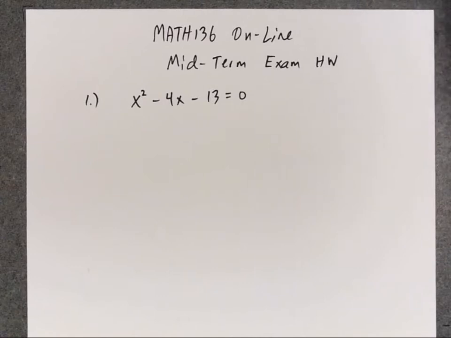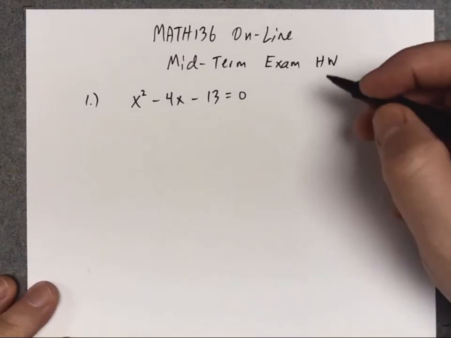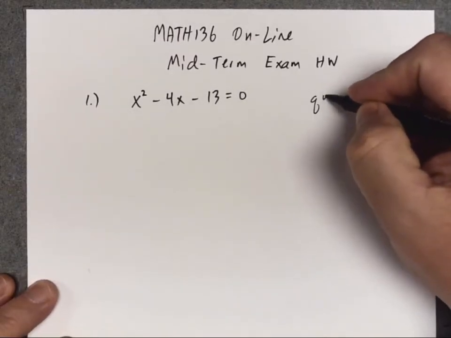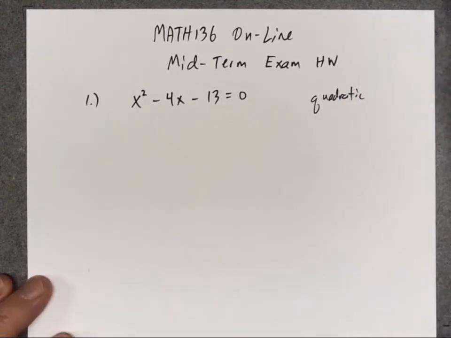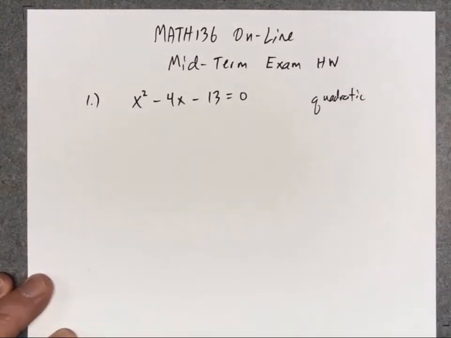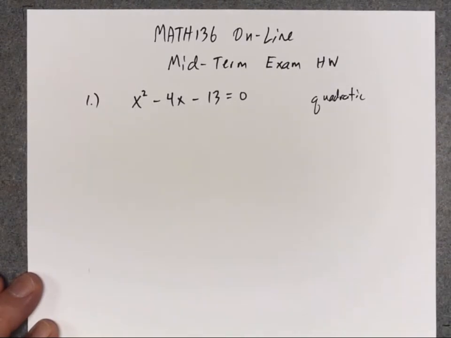Now as I'm going through these problems, I'll try and make a few notes and a few things explaining how to go about working these problems. For instance, this one is called a quadratic equation. Quadratic equation is when you have the variable squared. Now this is a trinomial, which means there are 3 terms.